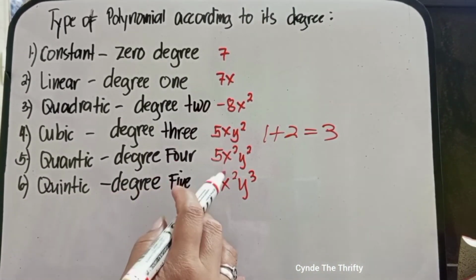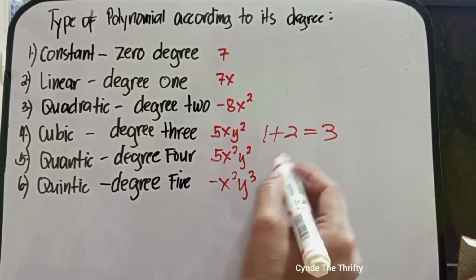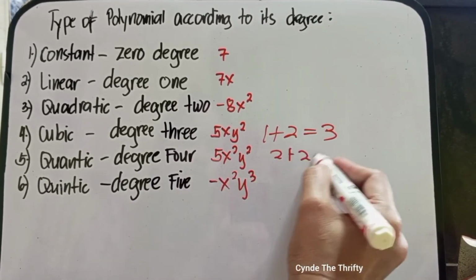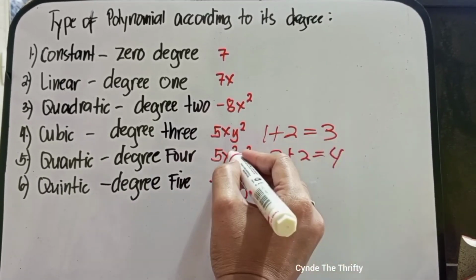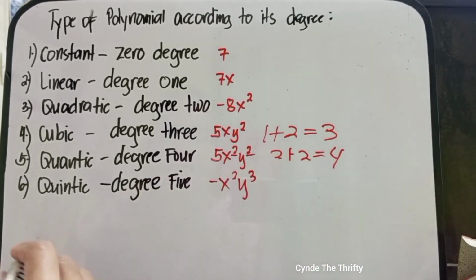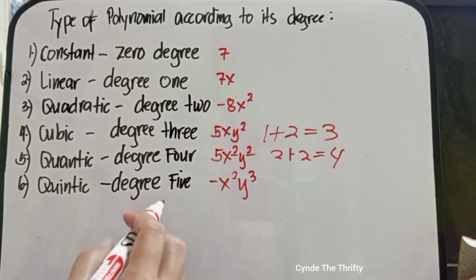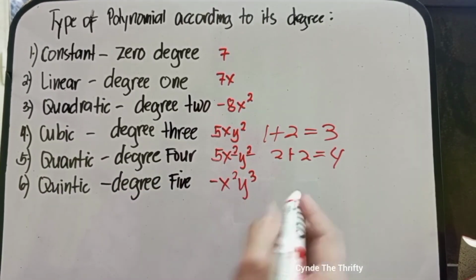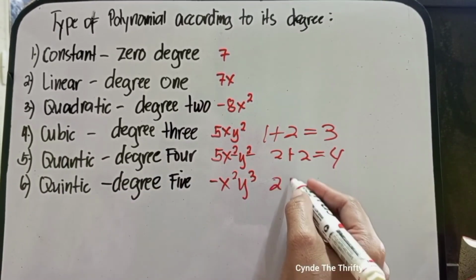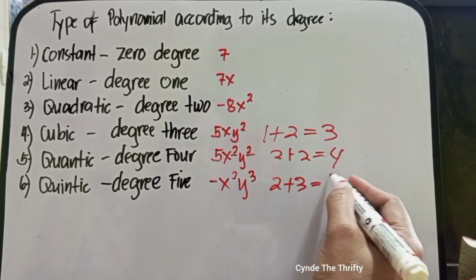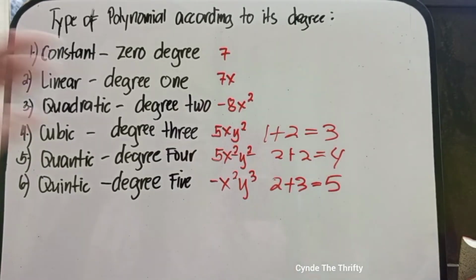For example, 5x squared y squared. So, meron silang 2 plus 2 equals 4. So, ito yung kanilang exponent. I-add mo lang kanilang exponent. Next is quintic, degree 5. So, negative x squared y cubed. So, meron silang exponent na 2 and 3. That is 5. So, ito yung type of polynomial according to its degree.